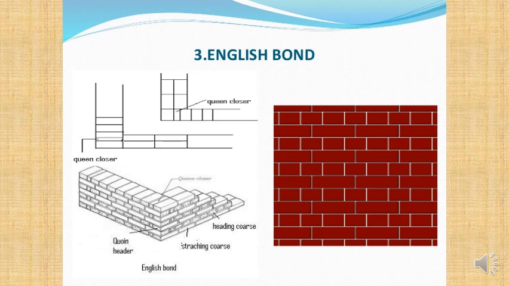Now, the other real difficulty with English bonds is, I don't know if you can see this very clearly in the drawing, but basically when you get to a corner, you can't really use bats. You can't use broken bits of brick because they will need to be broken in two different directions, and the moment you do that, especially with a clay brick, it will basically shatter to rubble.